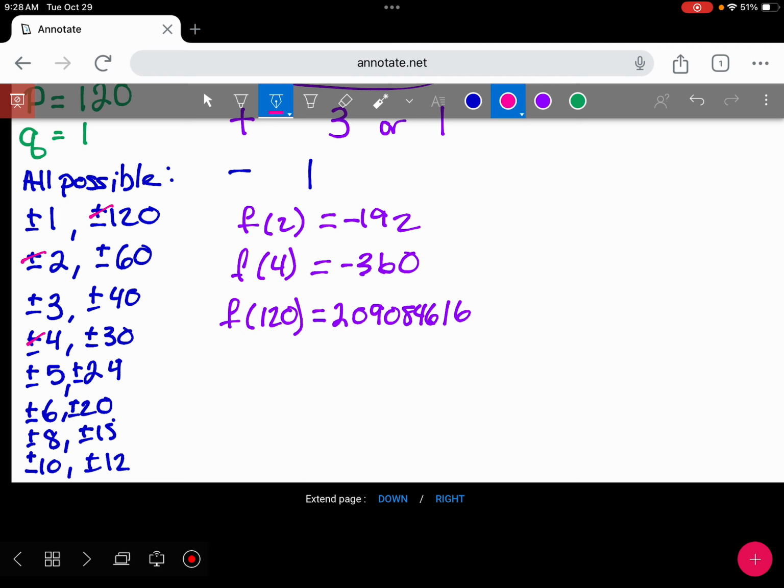We're just going to guess and bounce around. You could do 12, 5. So f of 12, f of 5. We found one! 5 has a root.